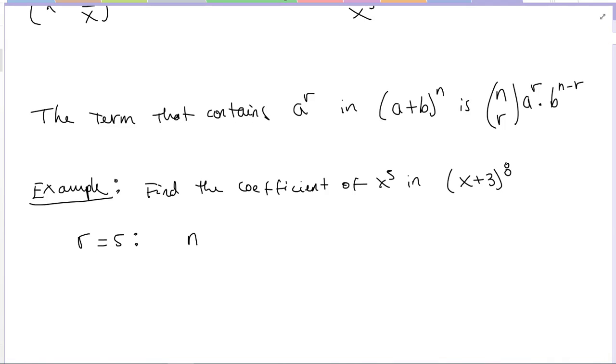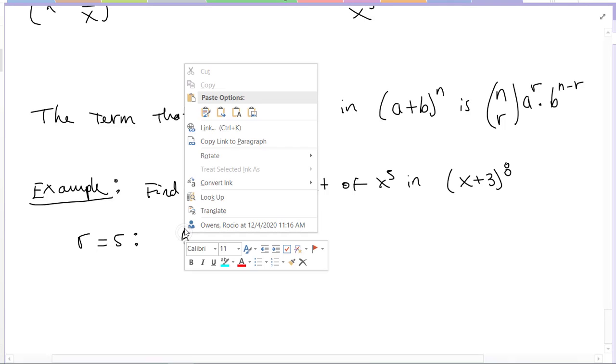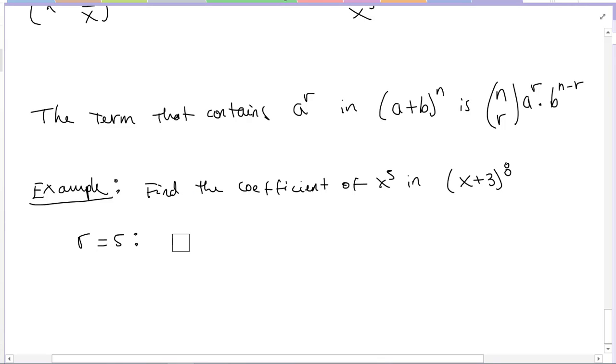So what is my n? Oh, sorry, n is not 5, r is 5, n is 8. So we're going to say 8 choose 5, a to the fifth times b to the 8 minus 5, which is 3.